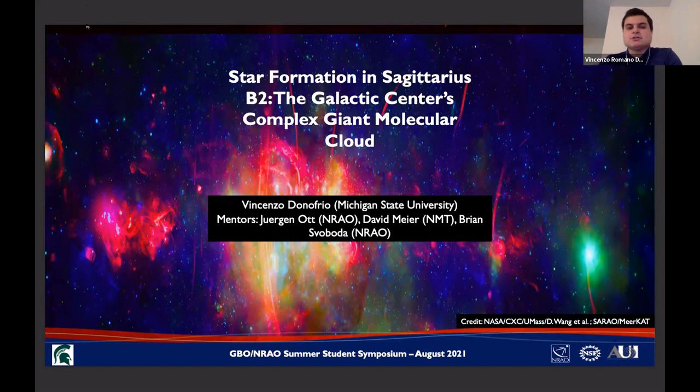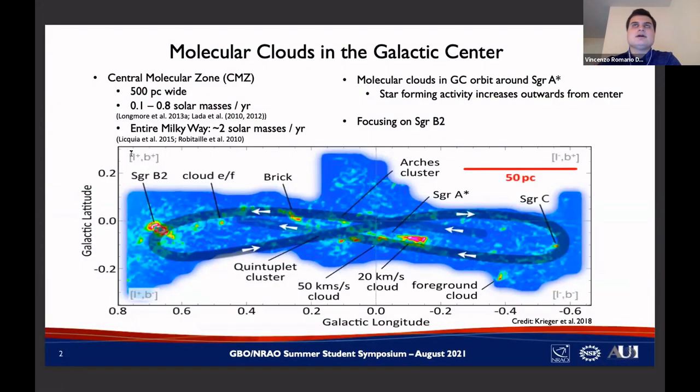Today I'll be discussing star formation in Sagittarius B2, the galactic center's complex giant molecular cloud. In the center of the Milky Way galaxy, we have this region known as the central molecular zone, or the CMZ, which is about 500 parsecs wide. Due to the large amounts of dense molecular gas in this region, it has a pretty high star formation rate of around 0.1 upwards of 0.8 solar masses per year.